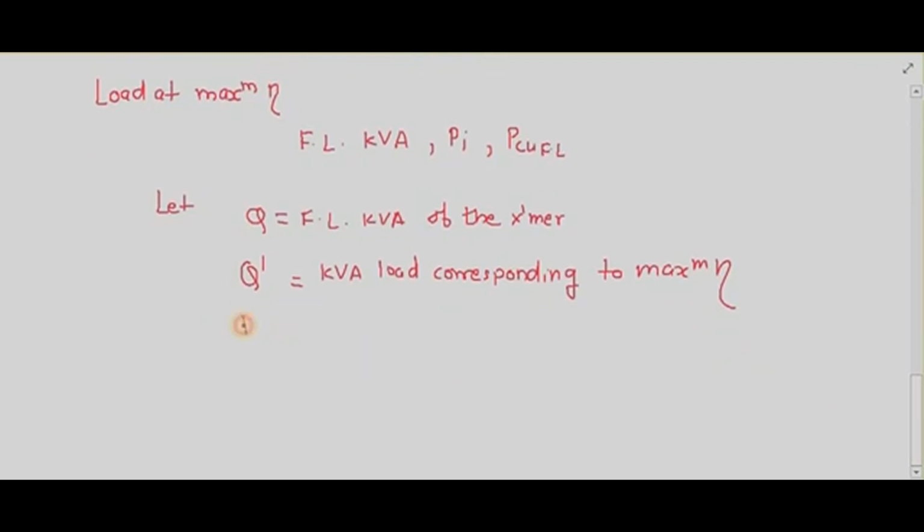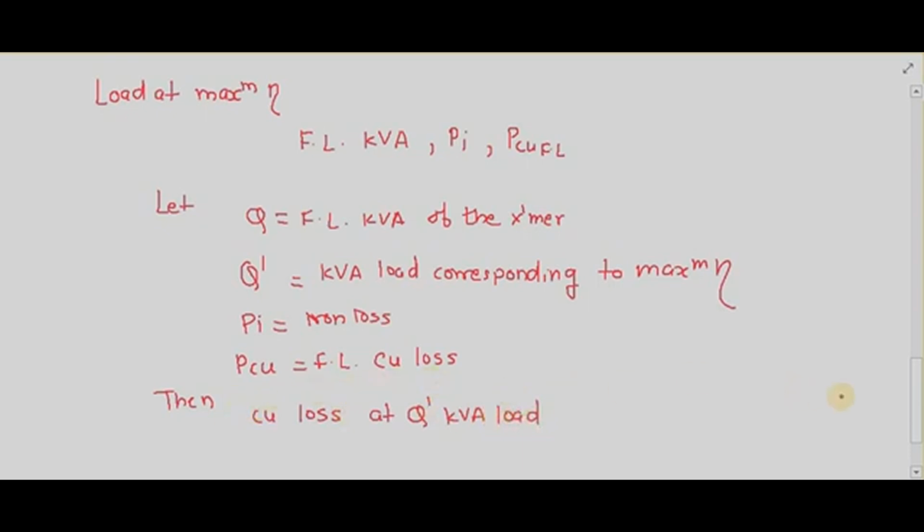Now let us see, Pi is the iron loss and my PCU is the full load copper loss. Then the copper loss at Q dash kVA load.